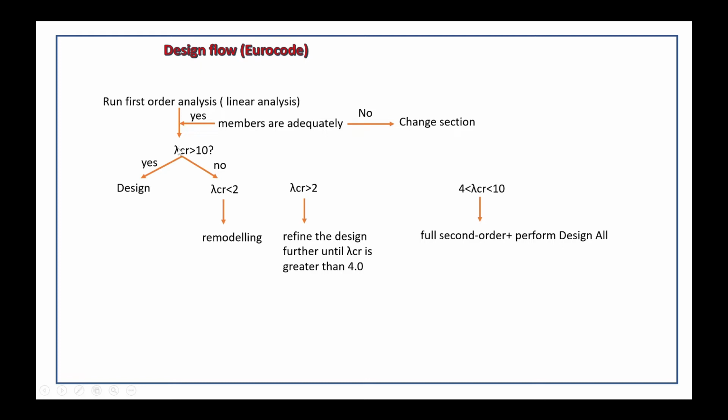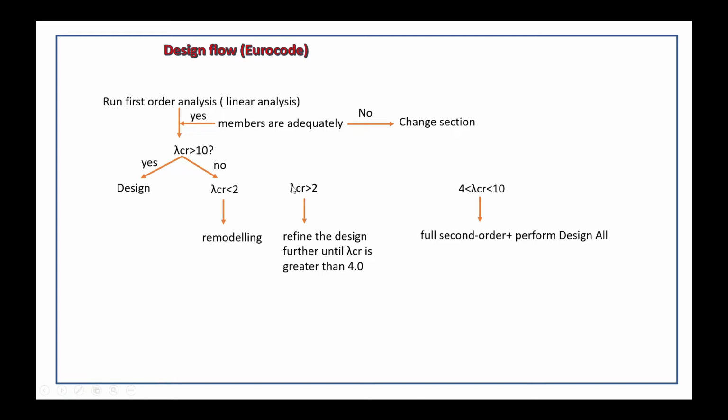If lambda critical is not greater than 10, so the value is less than 10, you must check. If lambda critical is less than 2, you have to remodel your structure. You have to add more walls, add more bracing, change your column section, or add extra thickness on your structure.